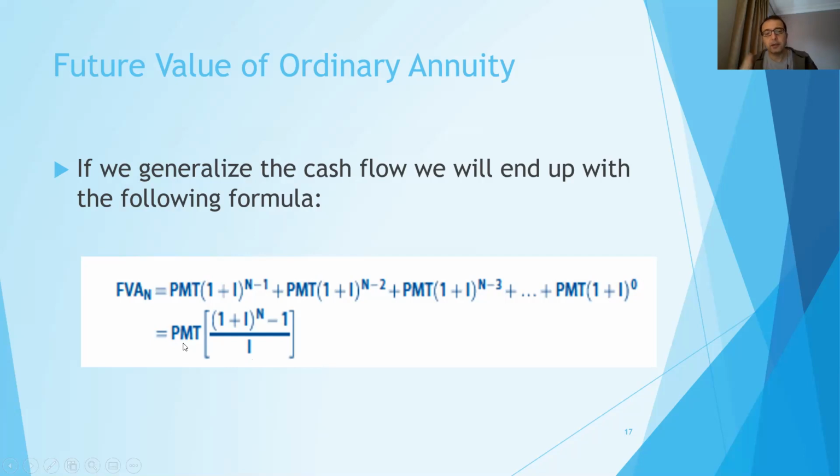So we are paying 100 ASEAN every year. 1 plus interest rate is 1.05, to the power n, for 3 years, minus 1, divided by 0.05. 0.05 is our interest rate, right? So we can find the future value with this one single formula. By the way, you don't need to memorize the formula, but learn what it is.